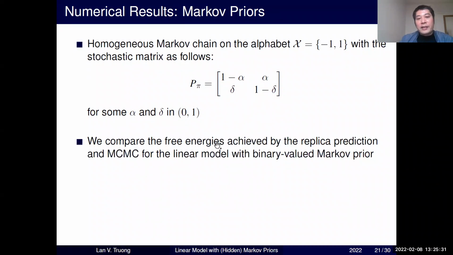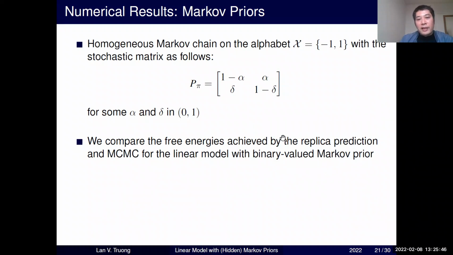So we compare the free energy achieved by the replica prediction and MCMC for the linear model with binary-valued Markov prior, that is, with {-1, 1} values.